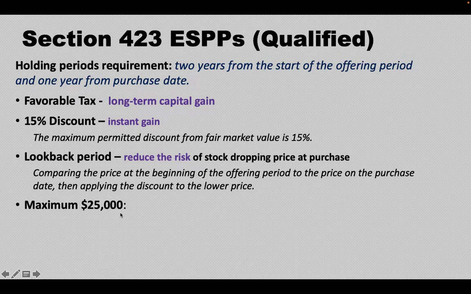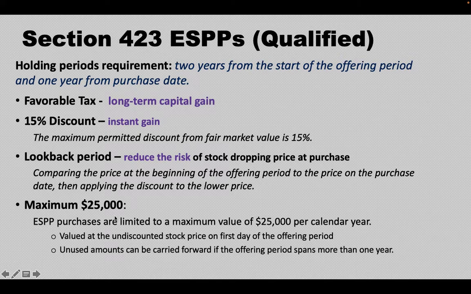Then the maximum you can get in each year is $25,000. This is valued at the undiscounted stock price on the first day of the offering period, so that is without discount. The unused amount can be carried forward if the offering period spans more than 1 year.